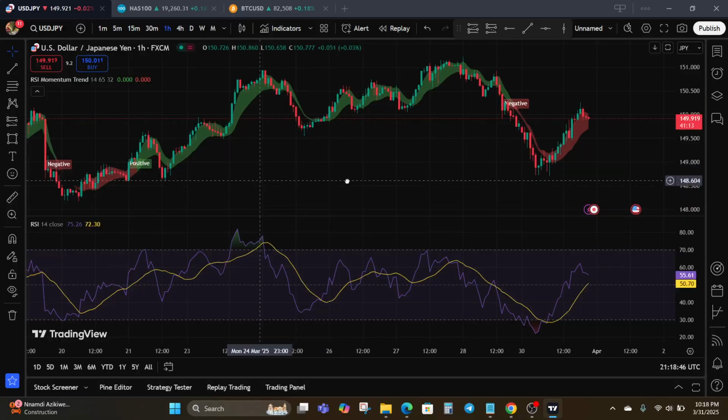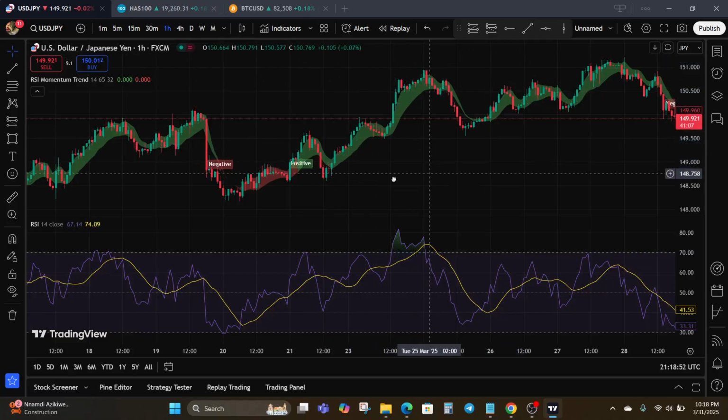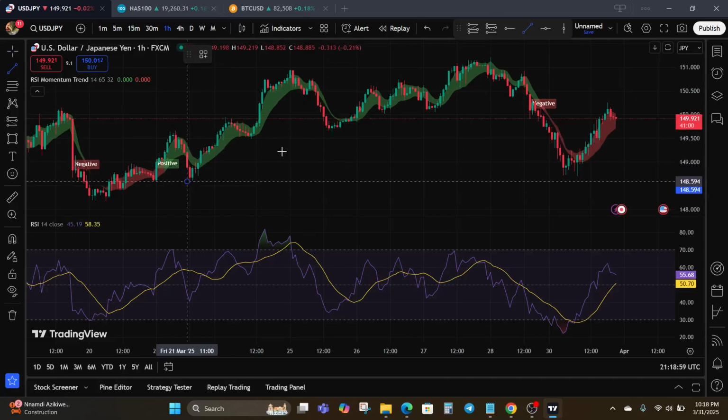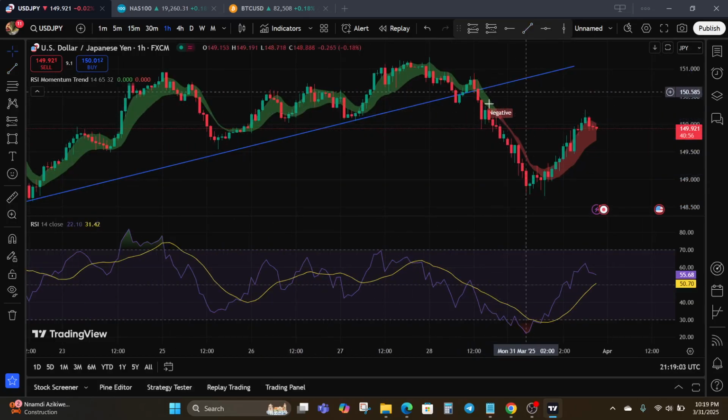So basically, when you have a buy signal, when you have a positive signal and the shaded green area, just know that you should be looking for only buy opportunities, right? Irrespective of the pullbacks, you should be looking for only buy opportunities, strictly buy opportunities, right? But when you have a negative signal, you should be looking for sell opportunities.